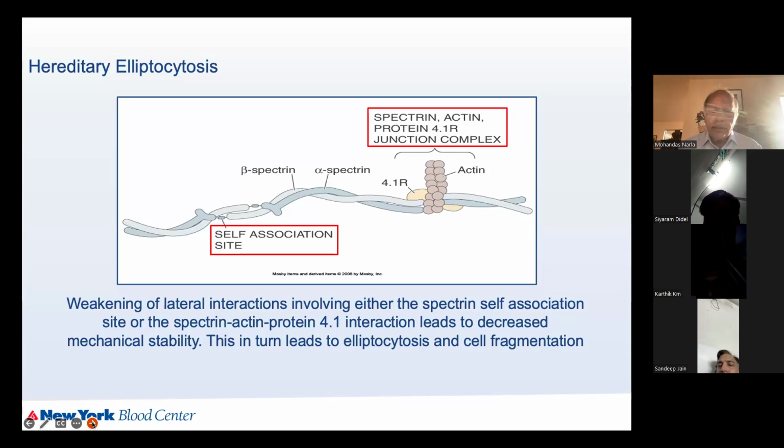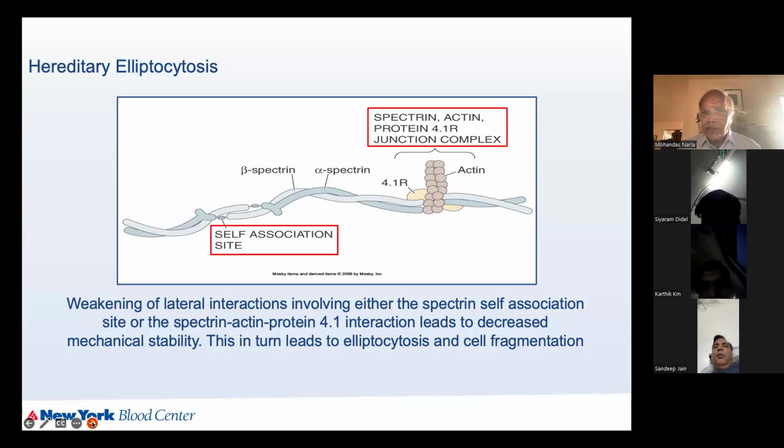And anytime this self-association is not strong, either due to mutations in alpha spectrin or beta spectrin, then you get elliptocytosis. Also, spectrin forms a ternary complex with actin filaments and protein 4.1. And this junctional complex is also very important.